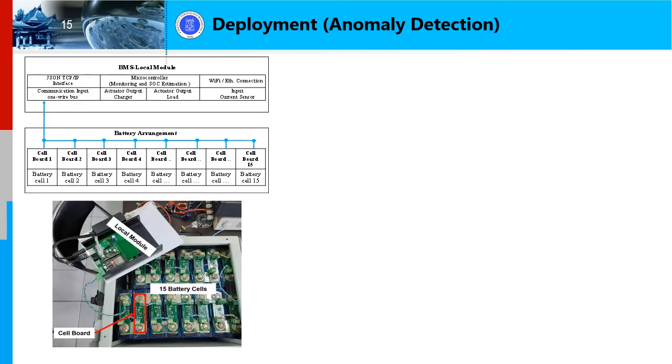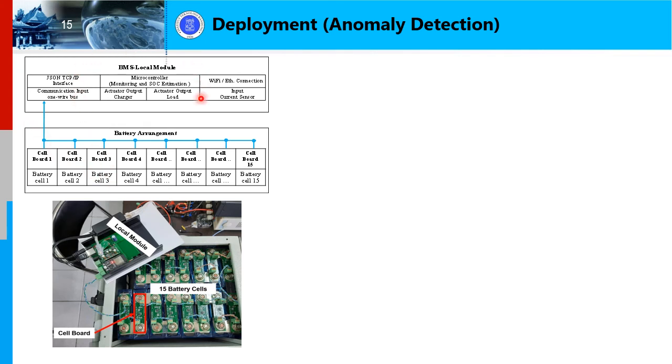In deployment, we use one module as an example for the anomaly detection. Here's the schematic that can be seen above. We use 15 battery cells and a local module with one-wire communication.